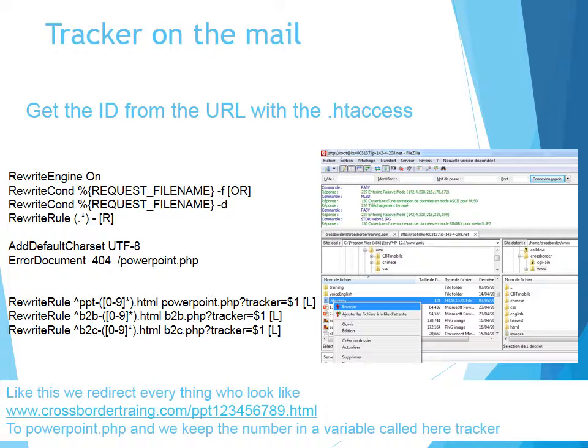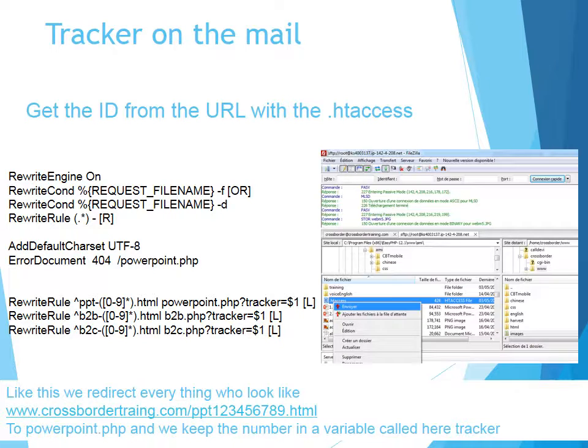I want this to transfer to the file powerpoint.php?tracker=$1, which means with the value in the first parenthesis, between ppt- and the .html. If it's not a number, you can just use parenthesis dot star and it will take everything. But here it's a number, so this is the value for numbers.